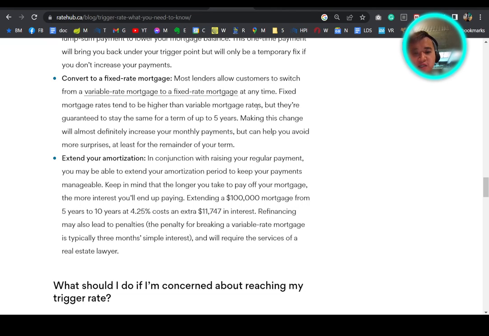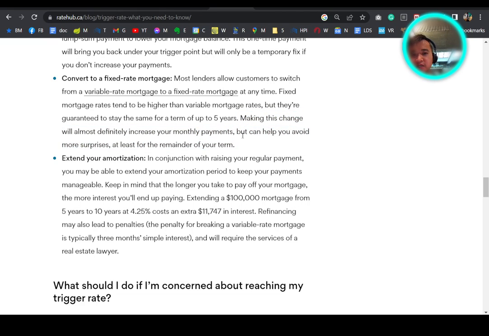However, charges may apply, so check your contract and check with your lender. Every contract is different, every lender is different. One thing to note is that fixed rates are generally higher, so it's definitely going to increase your monthly payments, but it avoids more surprises in the future.